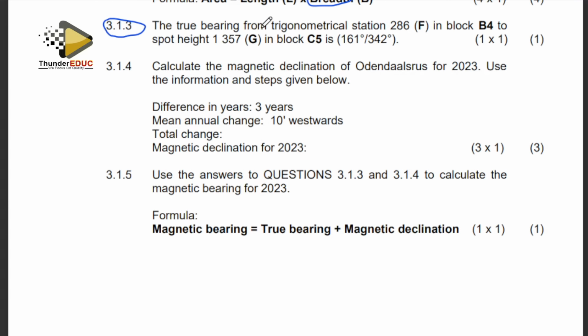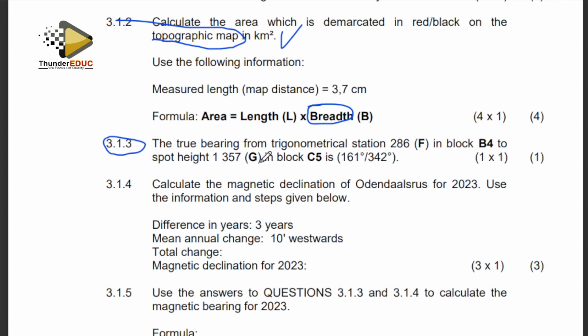They say the true bearing from the trig station, trigonometrical station 286, that is F in block B4, to the spot height 1357 G in block C5 is this. The true bearing of this to this is this. What is the question here?